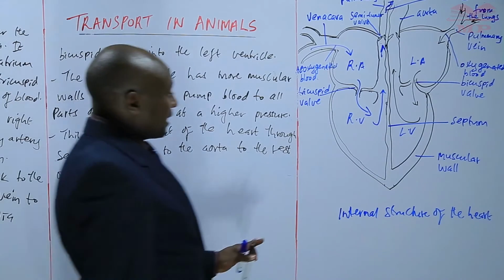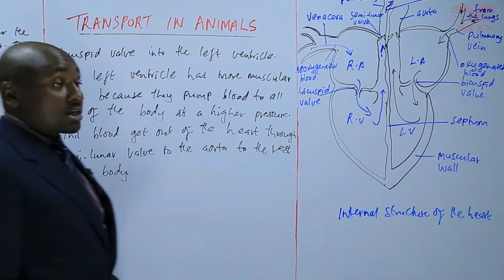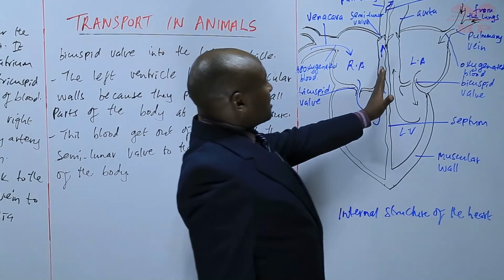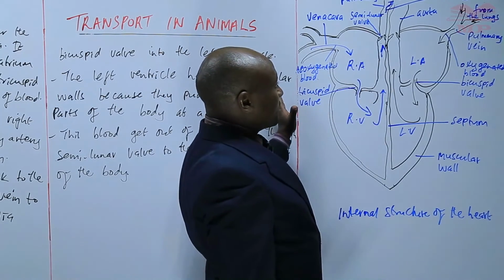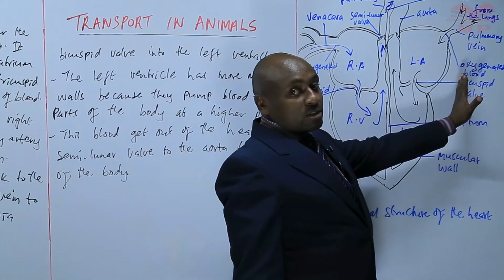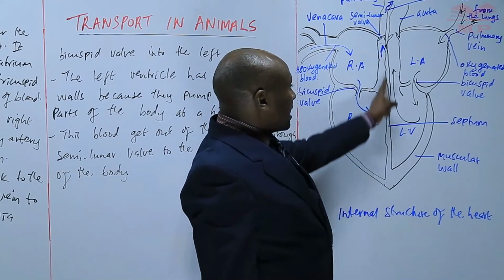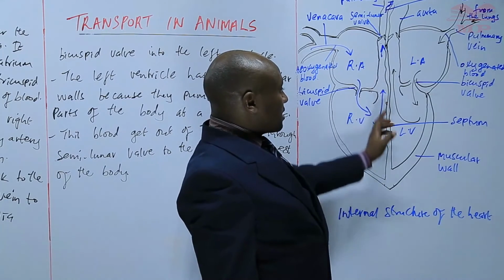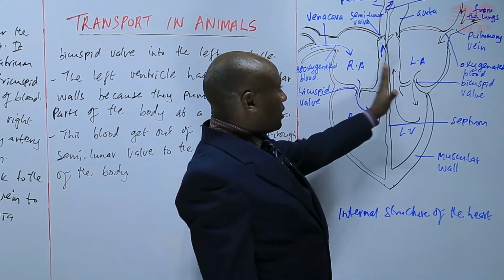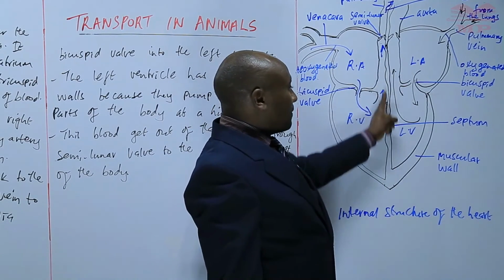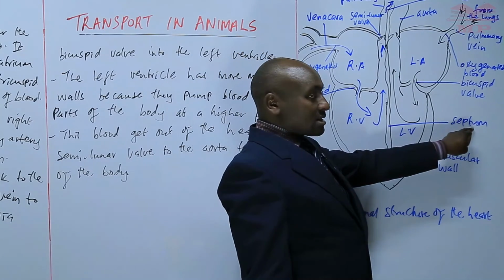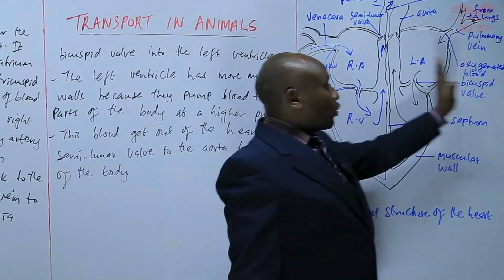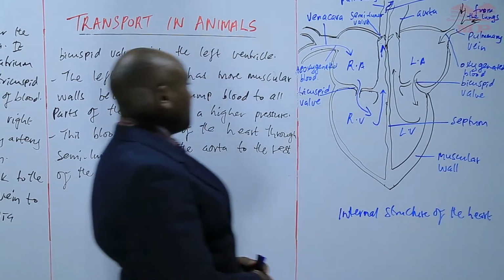The right side has deoxygenated blood, the left side has oxygenated blood. The two bloods do not mix because the two sides are separated by a wall known as the septum.